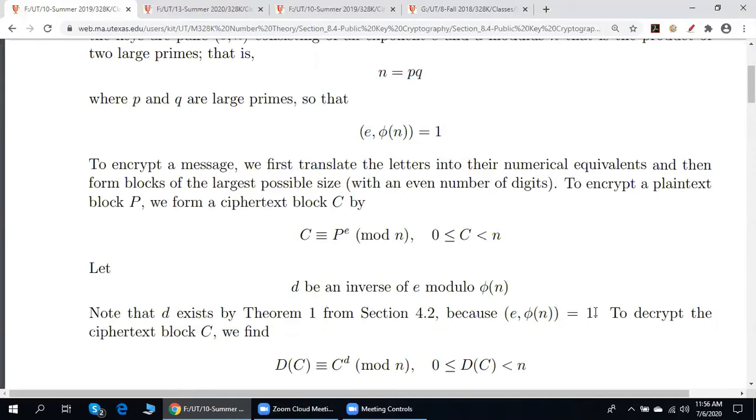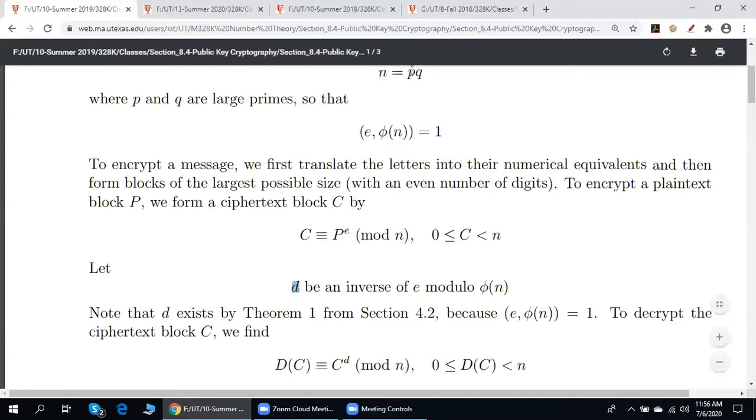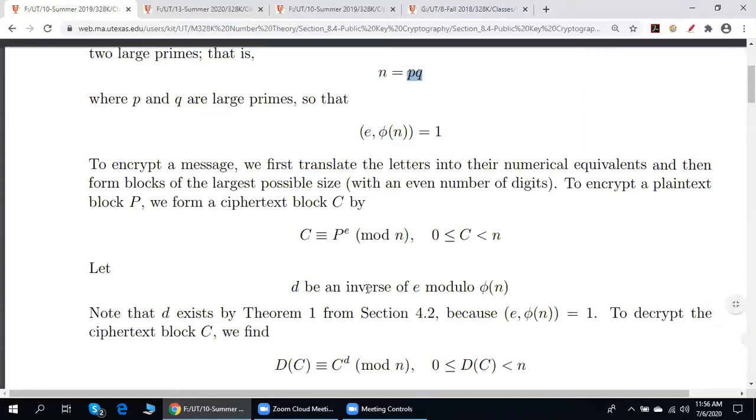So, in order to decrypt, we have to know d. But nobody knows how to find d quickly if p and q are not known.